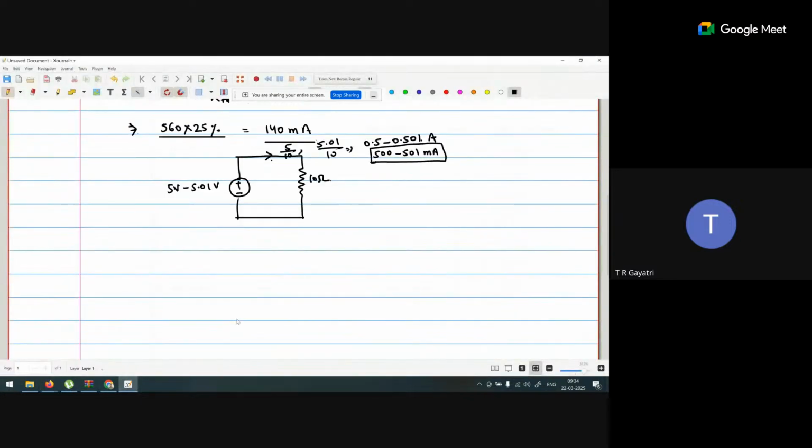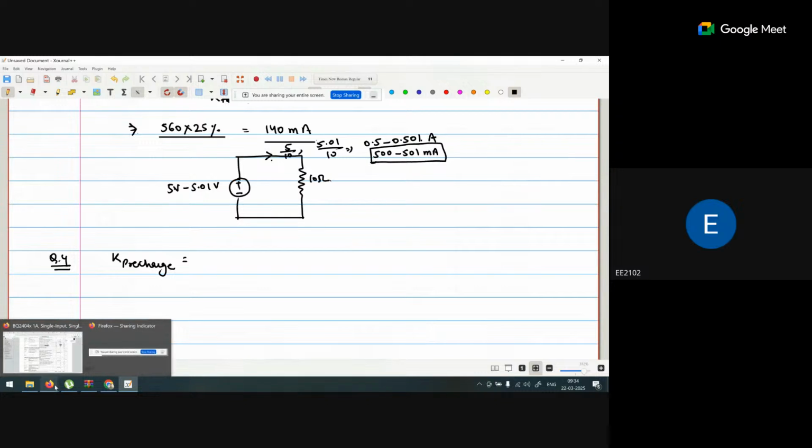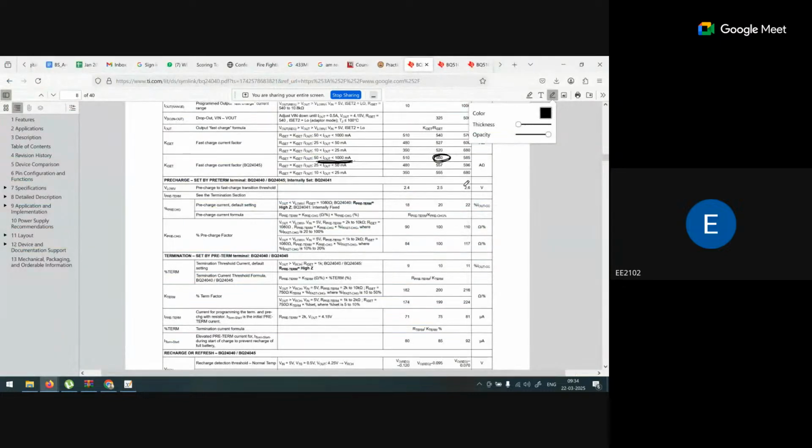So if you are talking about question 4, you have to calculate the K pre-charge, and the value of K pre-charge is 100%.